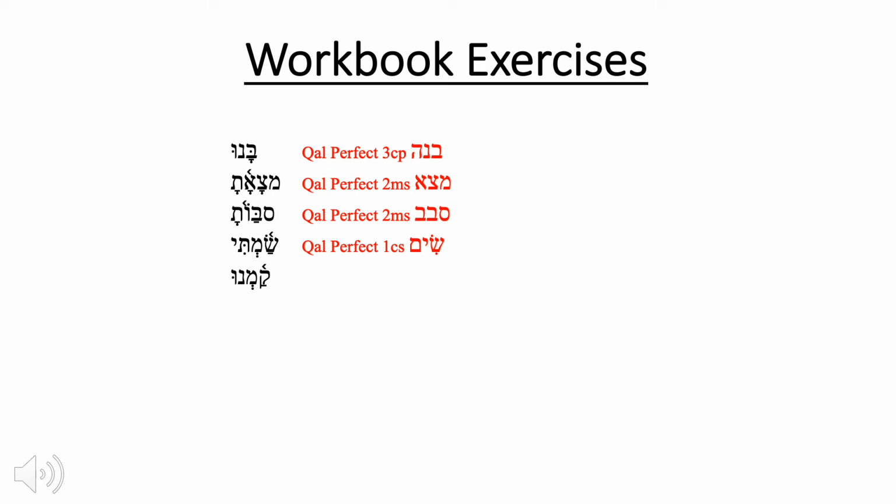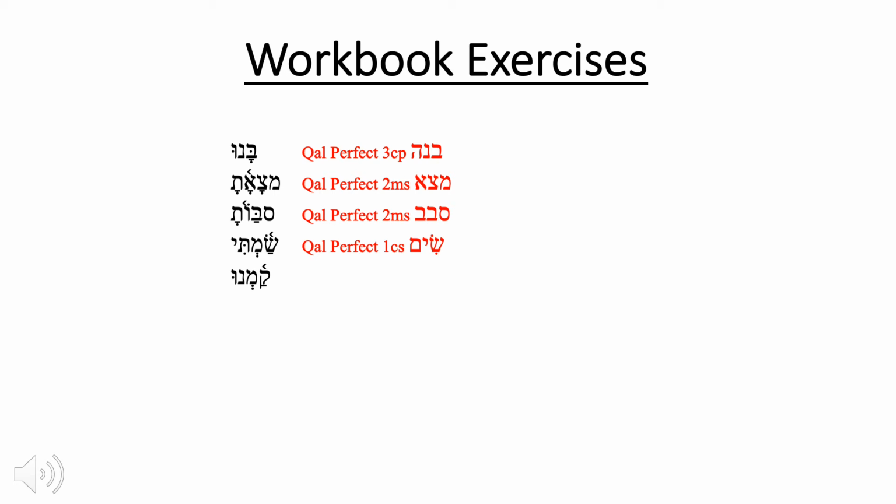This kind of verb is what we refer to as a hollow verb. It is two syllables, and we simply write in the vowel from the infinitive construct, which in this case is a hireq yod for its dictionary form, sim, to put or to place. Here we have an A-class vowel, a short A-class vowel, samti, and we know that this is a Qal perfect 1cs because of the tav with the hireq.